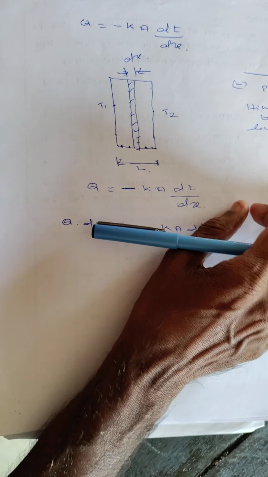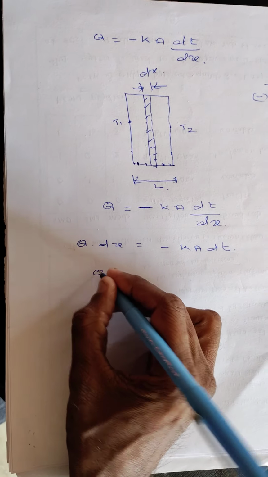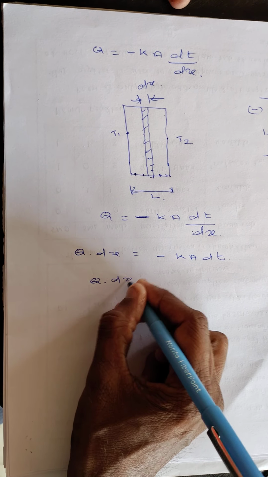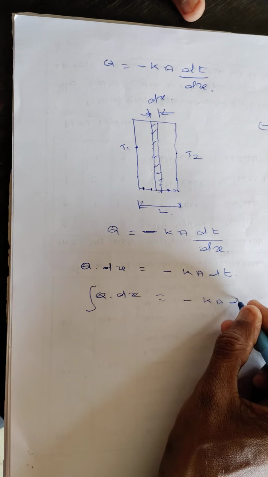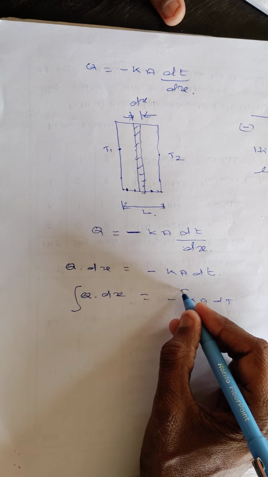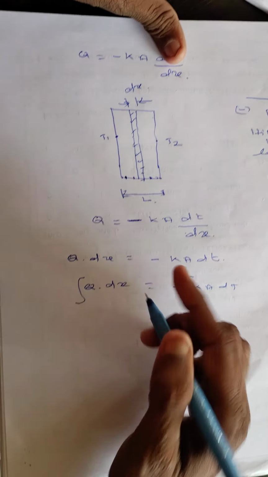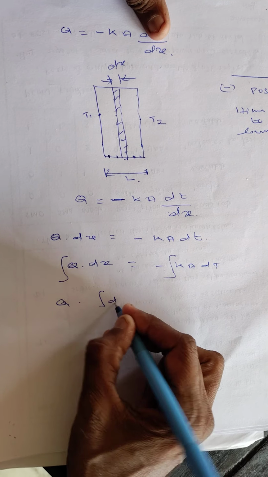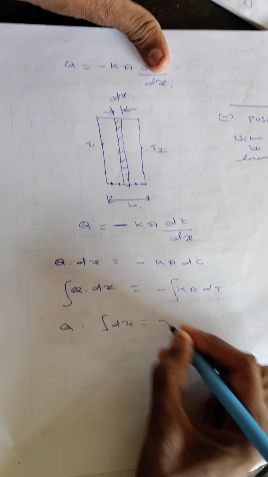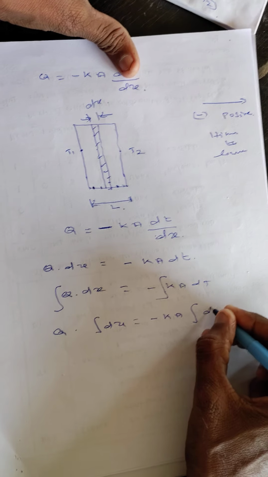Understood? So now I integrate Q in the integral of dx, equal to minus Ka in the integral of dT.